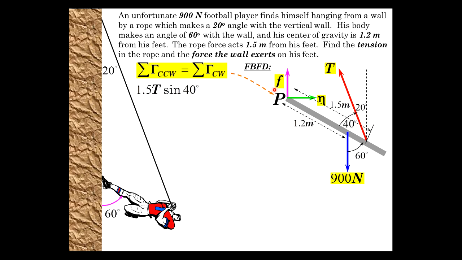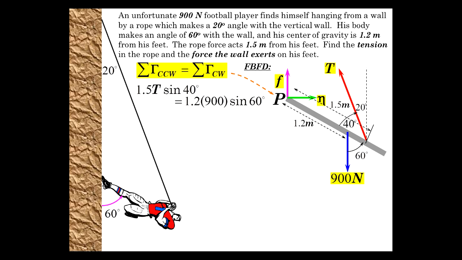Clockwise torque, of course, we picked this point to rotate about, or considered the pivot point, because these forces go through and don't provide any torque. We have 1.2 meters times 900, but we want the perpendicular part of that 900, so that's going to be sine of 60. So 900 sine of 60.